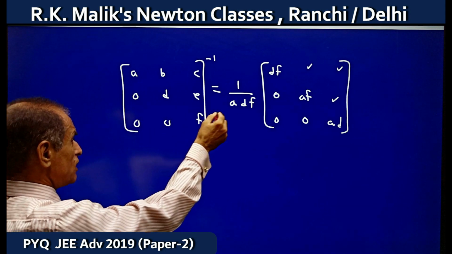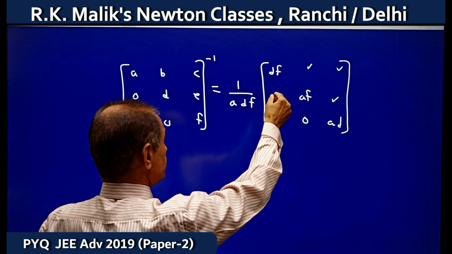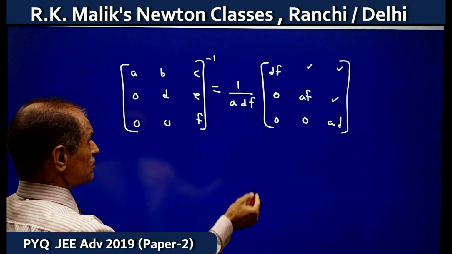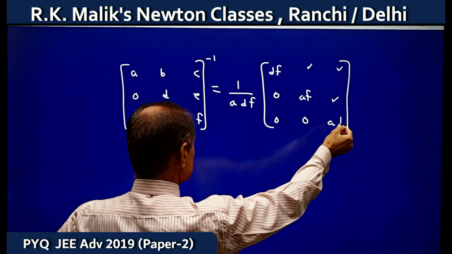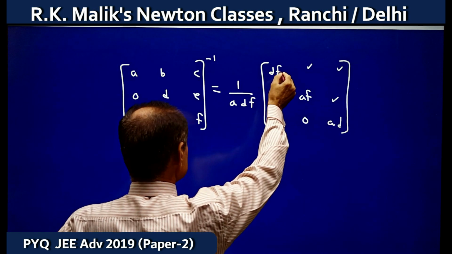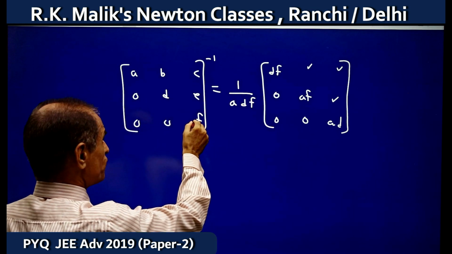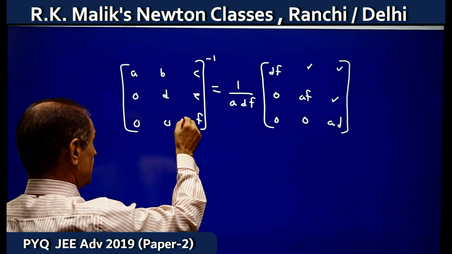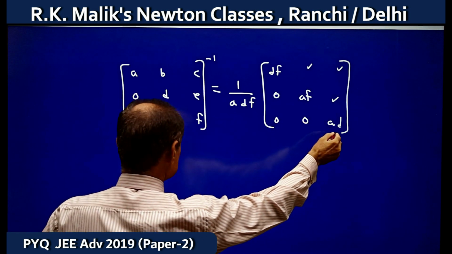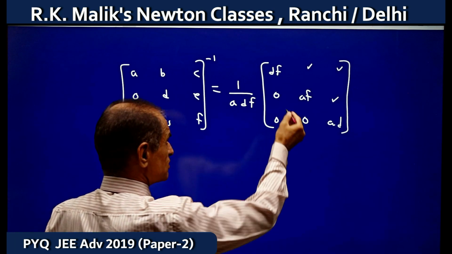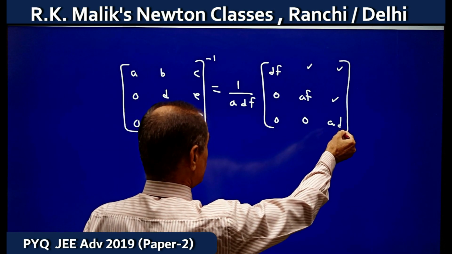If these three are 0, in the inverse matrix also these three elements will be 0, and the elements along diagonal will be obtained by, for this position write DF, for this position write AF, for this position write AD. Hence, these three elements are easily found.